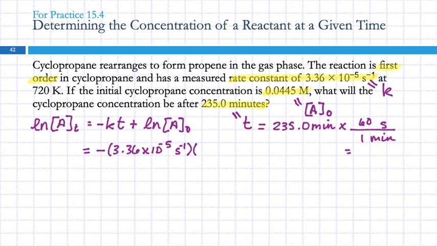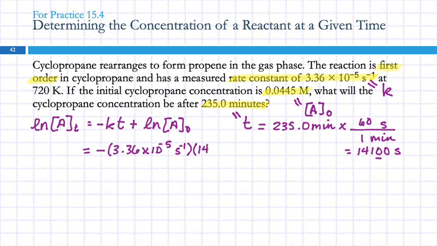And so this equals 141.00 seconds. This had 4 sig figs. Might be a good idea to just remind ourselves of that. Not a big deal. Okay, so that's our time in seconds.